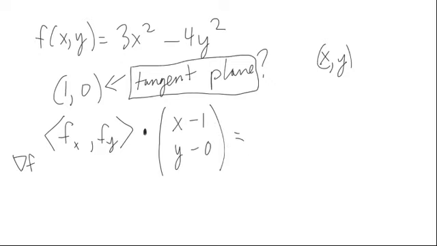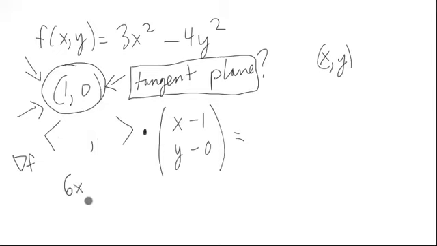Now, in this particular case, we should not only compute fx and fy, but plug in the point (1, 0), because we're looking for the gradient at the specific point of input. We compute fx, fy and get 6x, negative 8y.